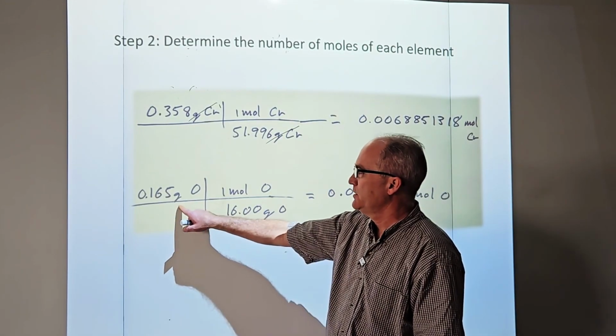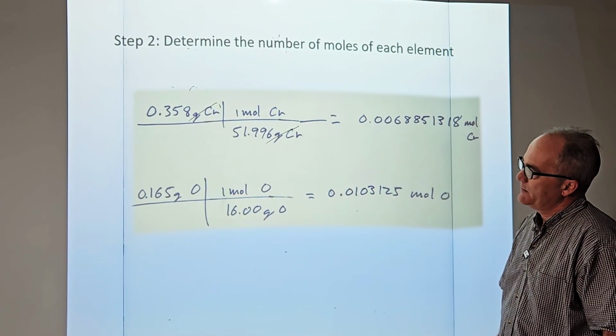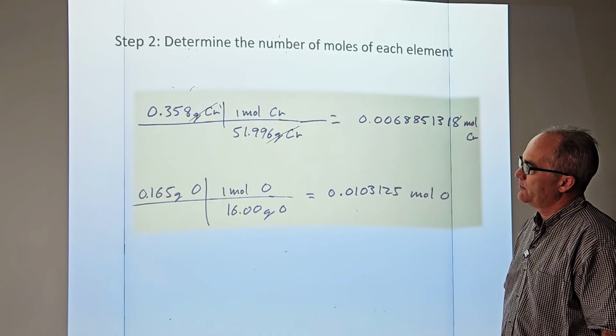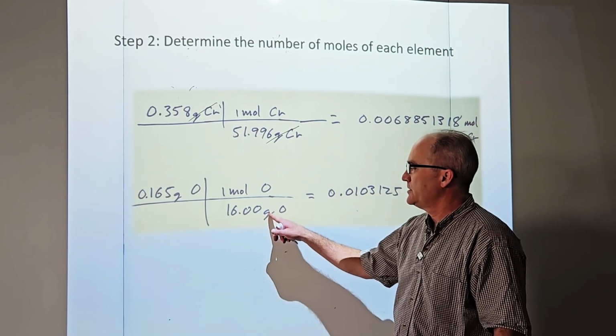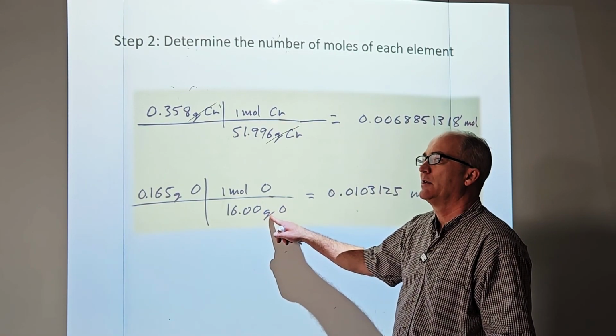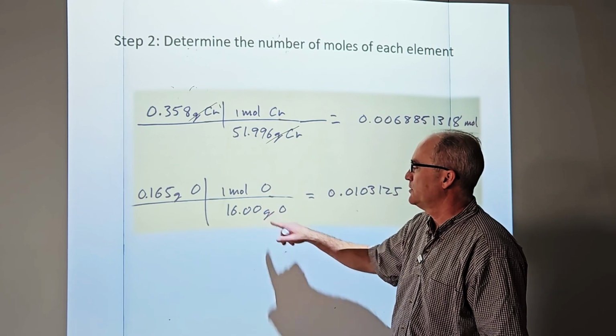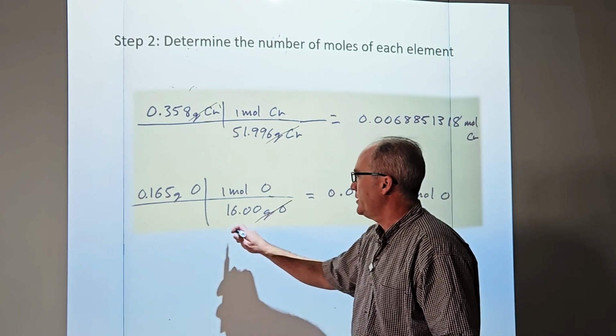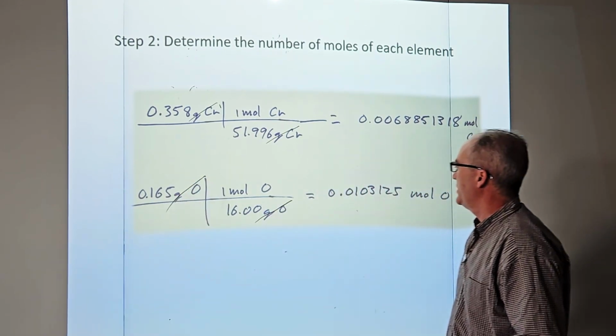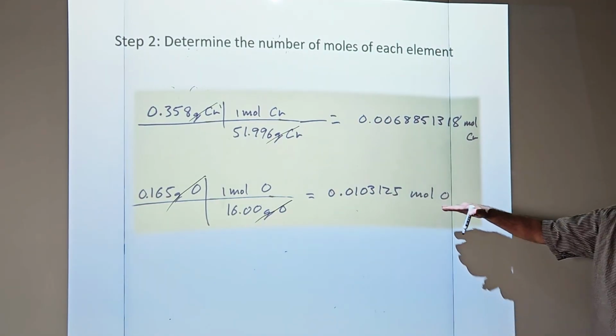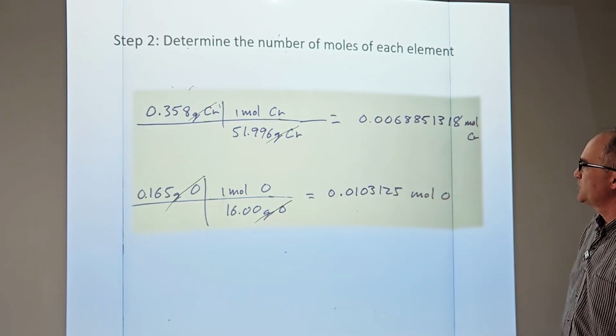And we just found this number, 0.165 grams of oxygen. Look up and see 15.9994 on this one. We're going to just use 2 digits. Grams of oxygen goes away, and here is our moles of oxygen.